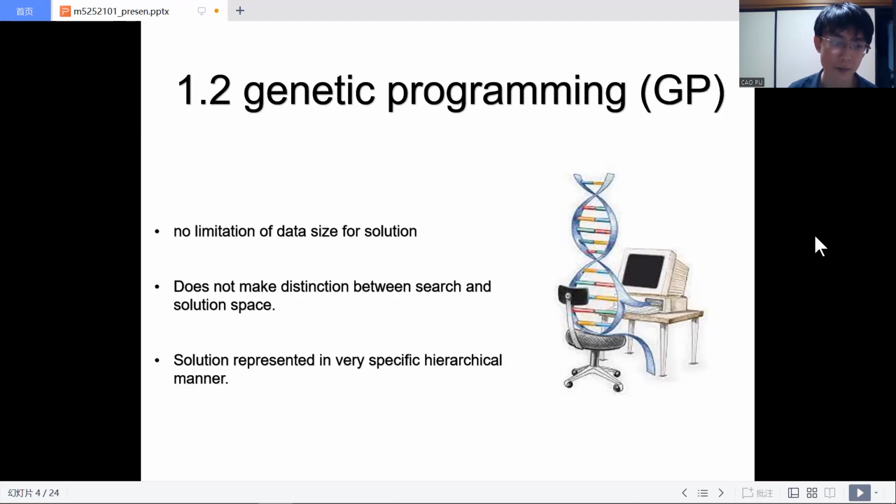And the third one, also one of the most important ones, is that in genetic programming, all the data and the solution are represented in a very specific hierarchical manner. That means basically you can consider it as a linked-list-based data structure like a tree, a graph, a stack, something like that.